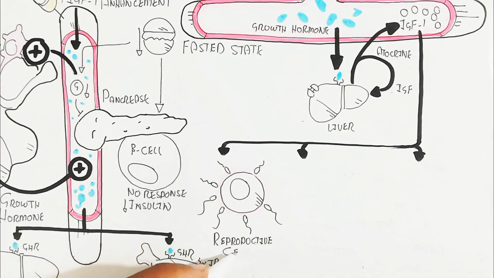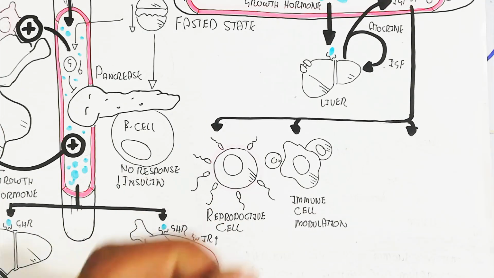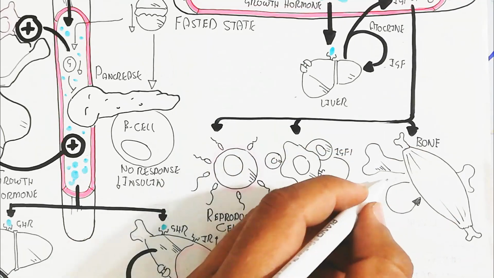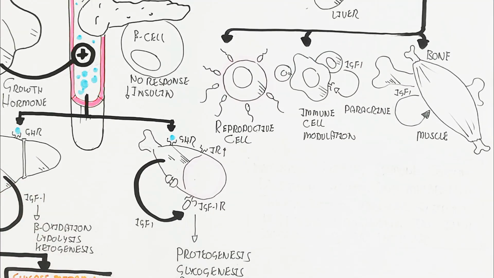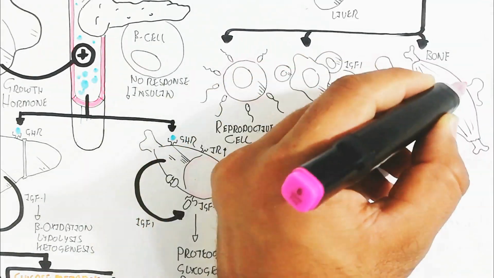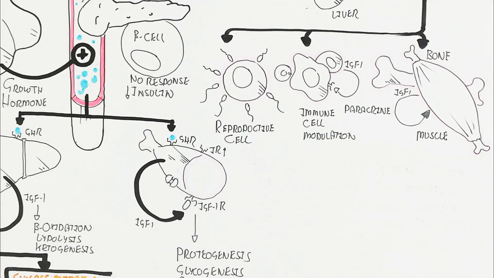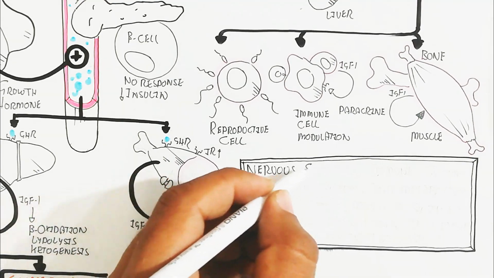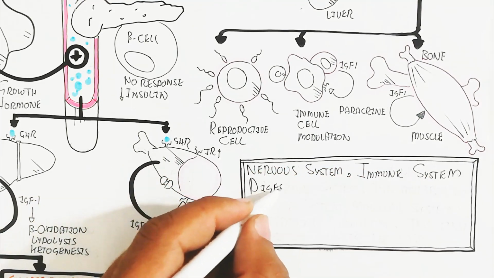Immune cell modulation due to paracrine action will lead to proliferation and differentiation, as well as development of immunoglobulins, while bone density as well as muscle density will increase due to insulin-like growth factor acting paracrinally and endocrinally from the liver or from the muscle itself.